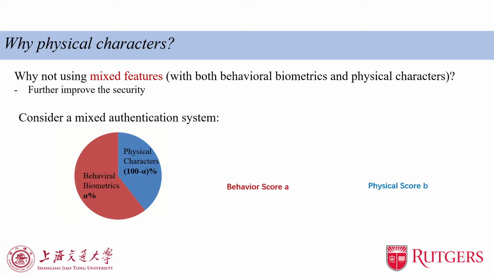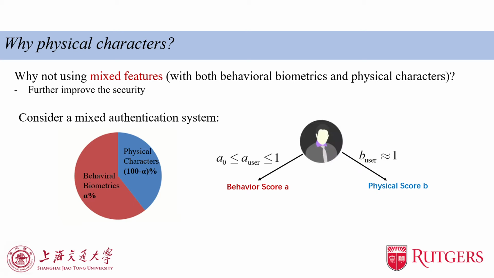Now we further make some more assumptions about both the physical score and the behavior score. A legitimate user could get score A between A subscript 0 and 1. The variance comes from the variability of different behaviors. And he could score B close to 1 because physical characters are usually stable.